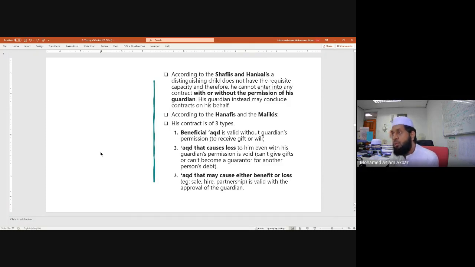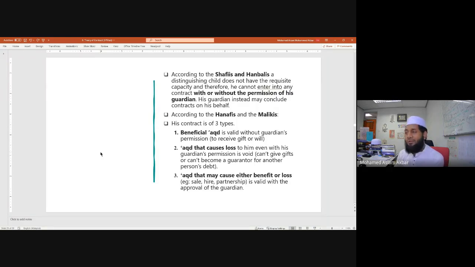But according to Hanafi and Maliki, there are three types of contract. Number one, beneficial aqad. Beneficial aqad means a valid beneficial transaction, something you do where there is no way that you will suffer a loss. What could that kind of contract be?